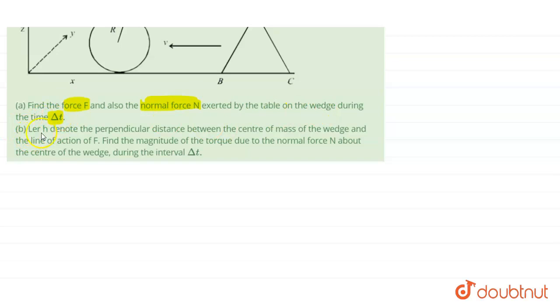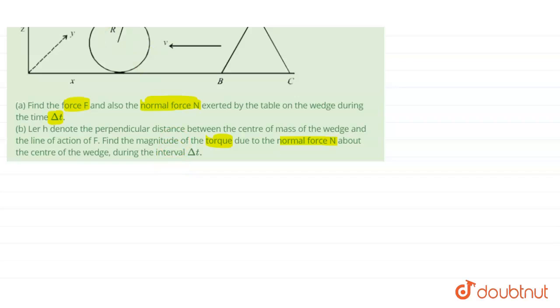Second question, let h denote the perpendicular distance between the center of mass of the wedge and the line of action of force F. Find the magnitude of the torque due to the normal force N about the center of the wedge during the time interval delta t. So we need to find the force, the normal force, and also the torque due to this normal force.